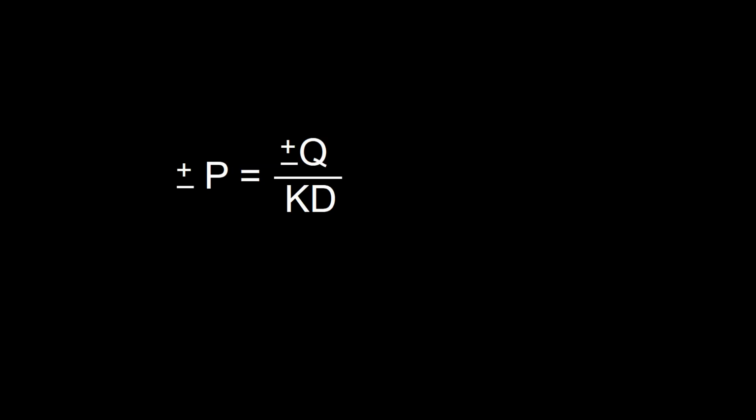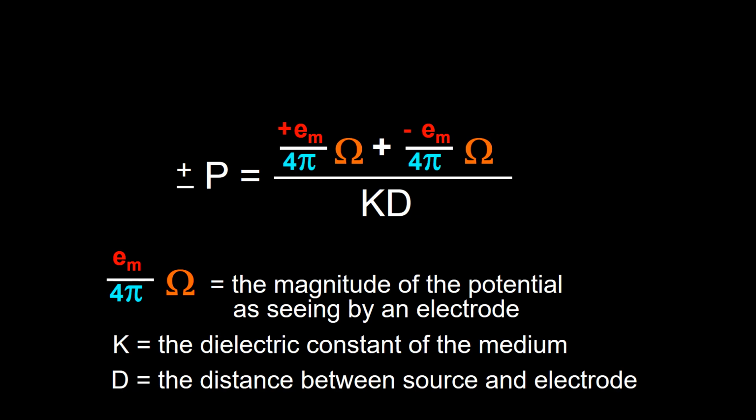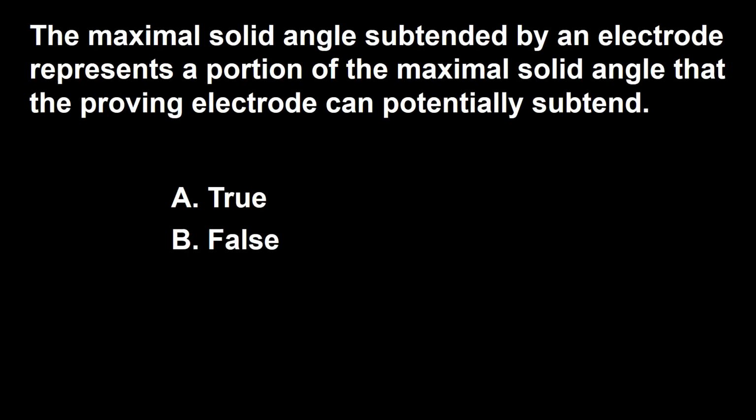We have already established that the magnitude of a potential seen by an electrode is equal to the magnitude of the charge and inversely proportional to the distance and dielectric constant. So we can substitute charge by the potential as seen by the electrode. We can do this using the magnitude of what the electrode sees as stipulated by its maximal solid angle. So the answer to this question is true.